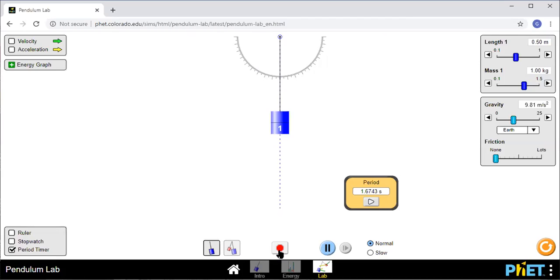Okay, so now that we've done our trials, the next thing we're going to do is close that out and open up our spreadsheet.